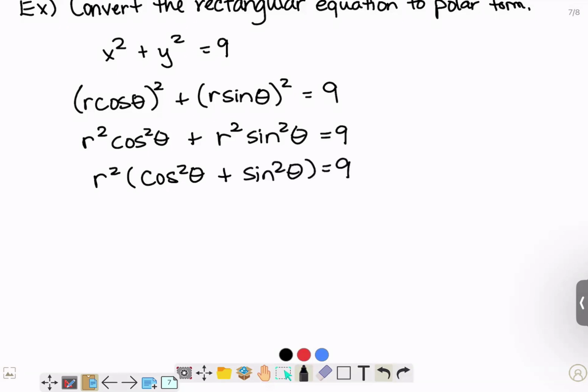And there inside, I've got a familiar identity. I know that that is equal to 1, so I've got r squared, all of that is equivalent to 1. So this just says r squared is equal to 9. And then using the square root to get r, we find that r is equal to 3.